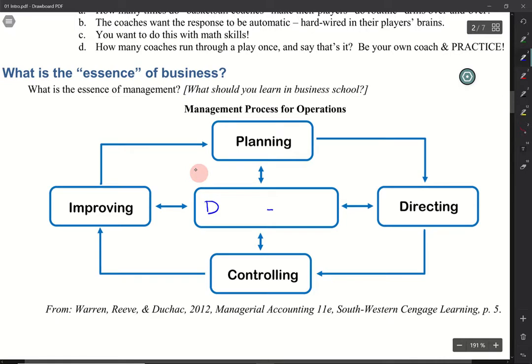Leading is very interesting. Sometimes leadership is more, shall we say, strategic, and management is more tactical, sort of more operational.